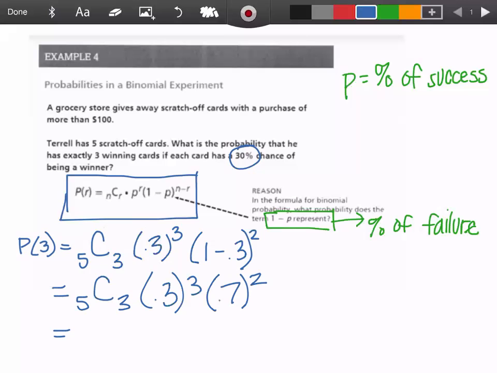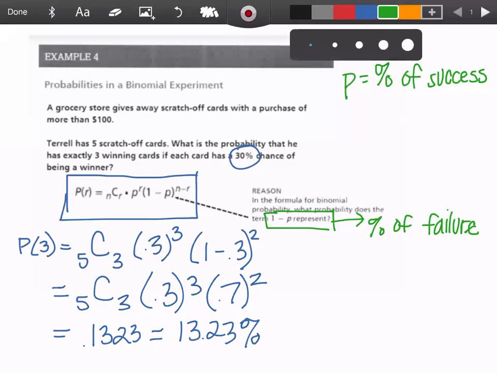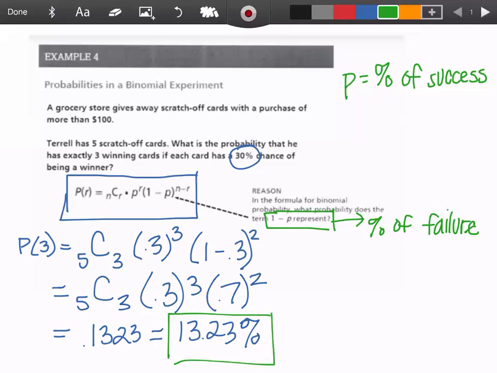So once we simplify all of that down, we get 0.1323. Multiplying that by 100, we can change that to a percent of 13.23%. So Terrell has a 13.23% chance of having 3 winning cards.